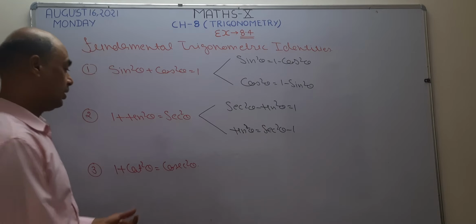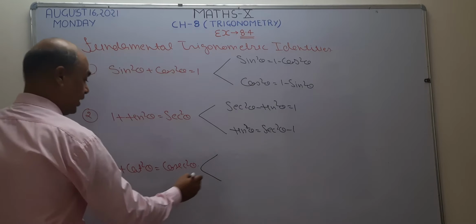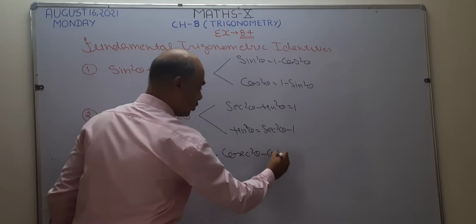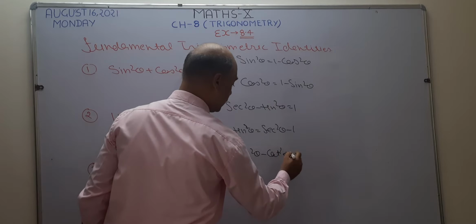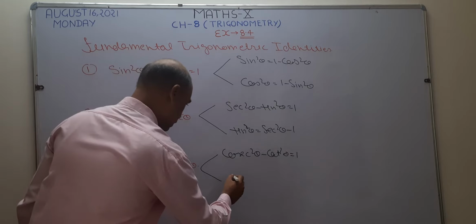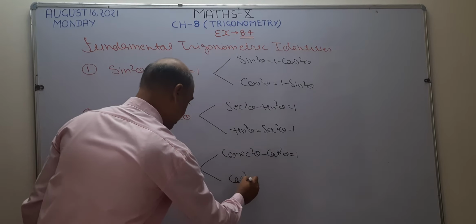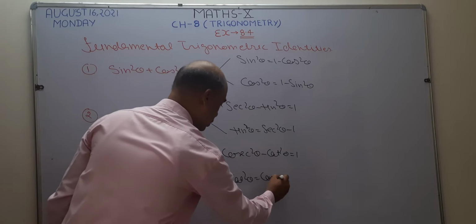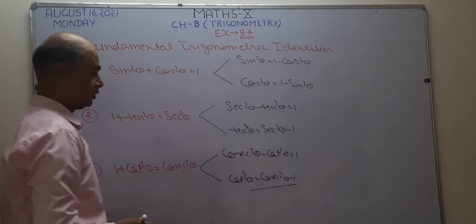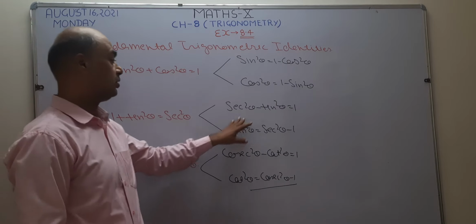In the same way, from the third identity, this becomes cosec square theta minus cot square theta equal to 1, and cot square theta is equal to cosec square theta minus 1. Okay, we have to learn these identities.